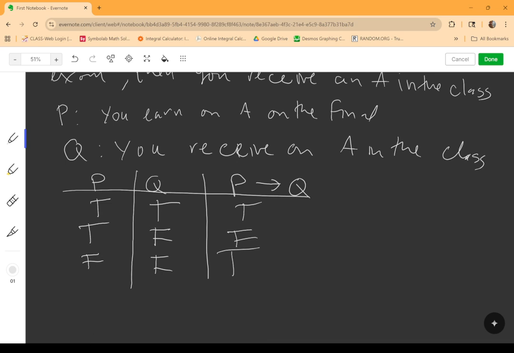All right, now also for the other one, let's say the last case here, false and true. So let's say you did not get an A on the final, and you received an A in the class, right? Again, still not a liar, because you could have been in a situation where maybe you were really close to an A on the final, and that still got you an A in the class.